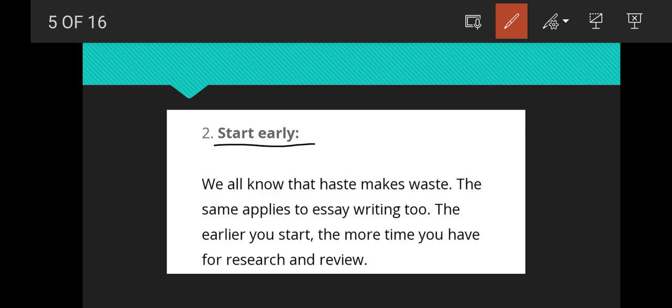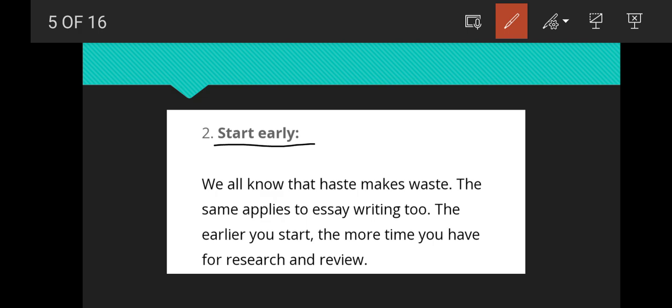Okay, you have to start earlier, and before that you have to create ideas. You should have a lot of ideas in your mind before starting this composition. So always start on time, or before the time, so you will be able to complete your composition within time.